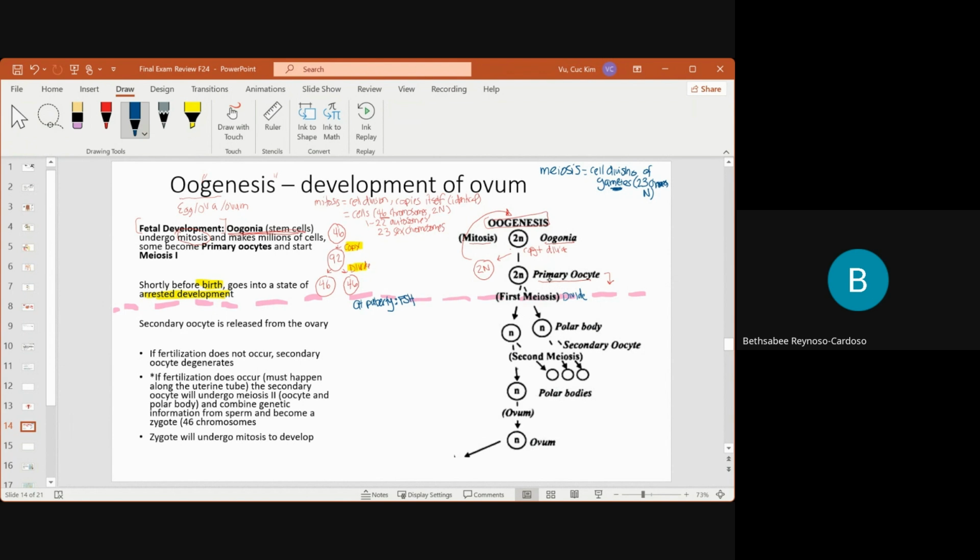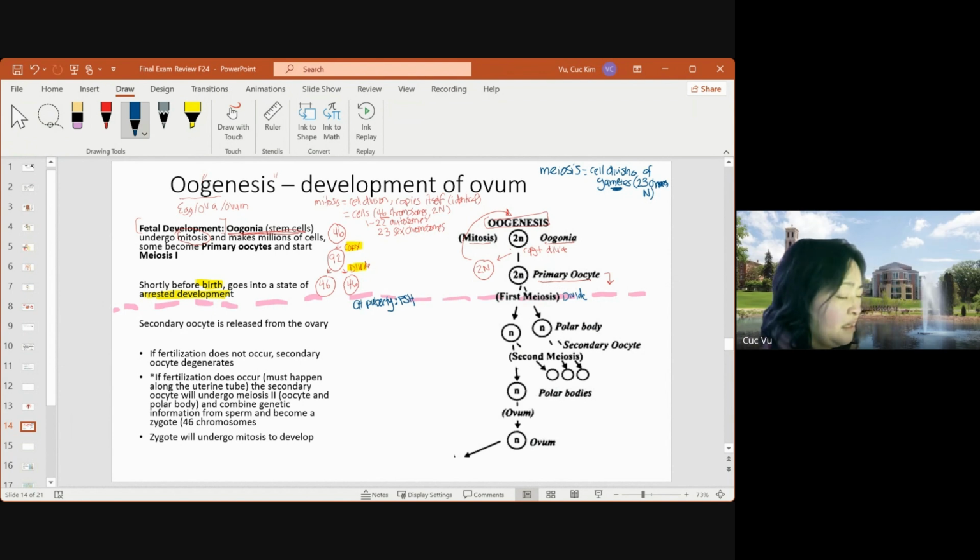Okay. Now, here's the thing. In females, it's always about quality over quantity. Females are all about quality over quantity. And it makes sense because that egg is going to house the structure that will become the zygote. And then that zygote goes through the fetal development phase and becomes a fetus.